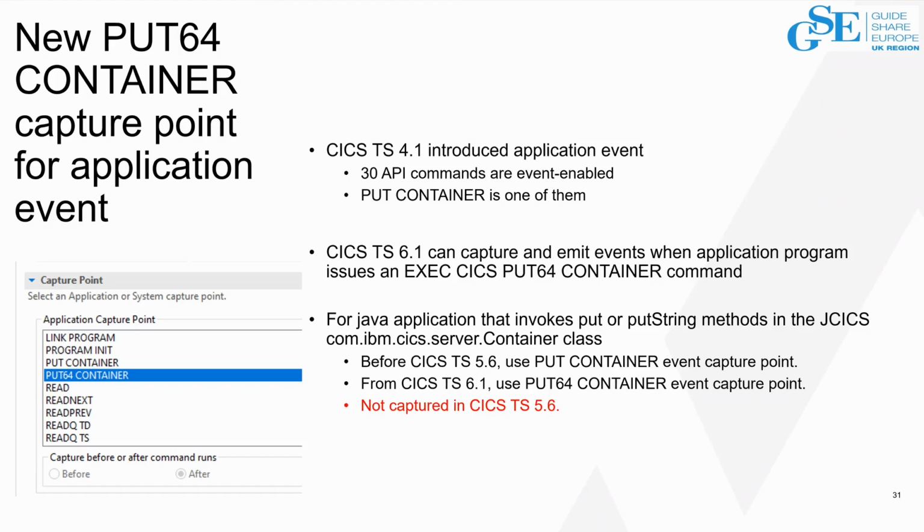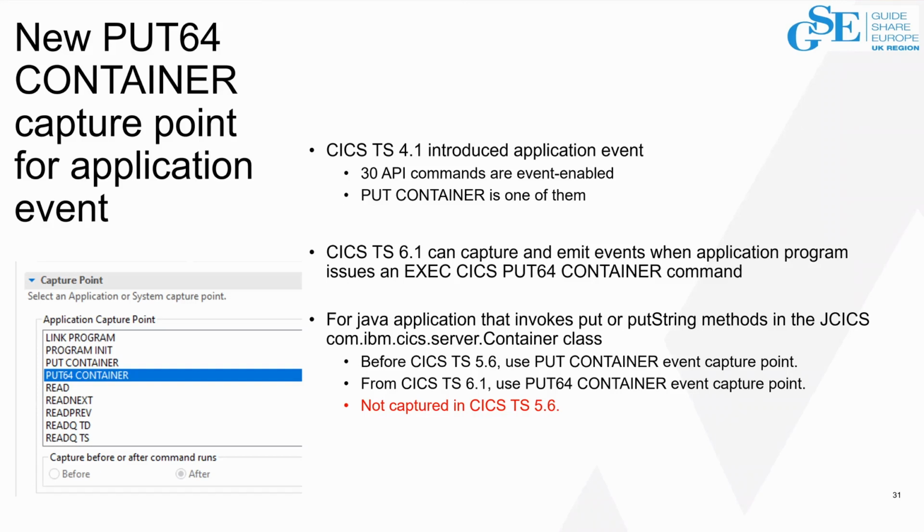That's important because back in 5.6, we enhanced the CICS API that's used in Java applications, and we changed the underlying implementation of CICS to start using PUT64 rather than PUT. And inadvertently, it meant that we no longer could support events for those Java applications because the event infrastructure didn't support PUT64 container.